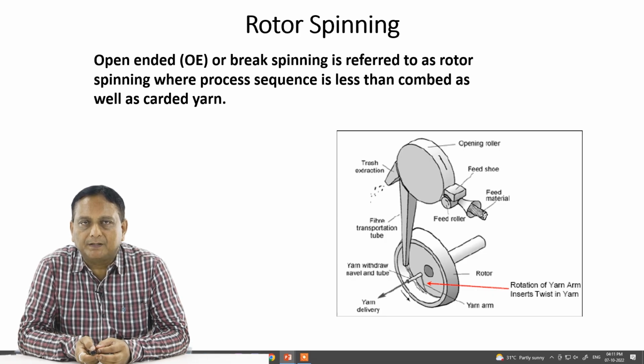Open-ended or break spinning is referred to as rotor spinning, where the process sequence is shorter than for combed as well as carded yarn. So some of the processes can be eliminated in this rotor spinning system, which makes the process faster to get the yarn and produce the desired fabric and supply it to the garment production units.